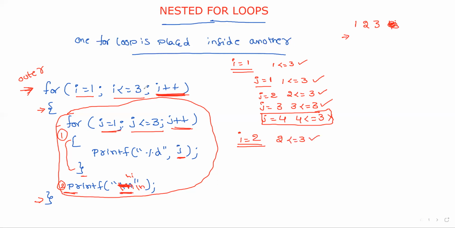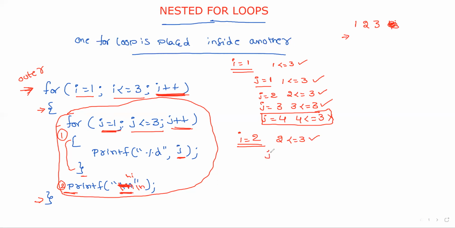The condition is true. Once the condition is true, again enter into the body. Inside the body, again the same operation is repeated. Don't assume that j is already 4. That does not happen. Once we enter into the body, each and every time the operation starts freshly.